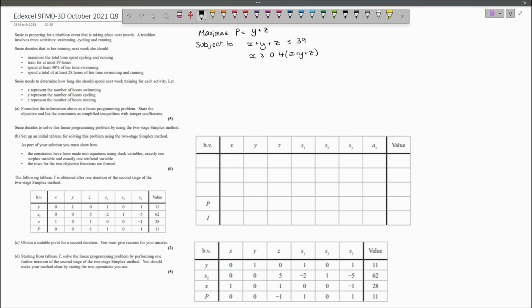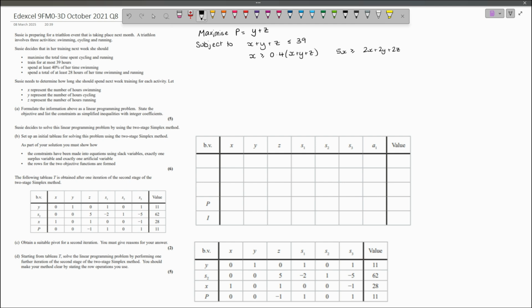This isn't going to give us integer coefficients, and this isn't simplified, so we're going to try and get integer coefficients now. I'm going to multiply everything by 5. So we're going to get 5x is greater than or equal to 2x plus 2y plus 2z. And I'm going to get everything onto one side of the inequality.